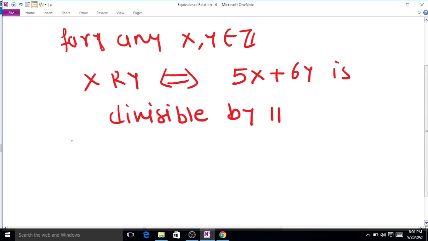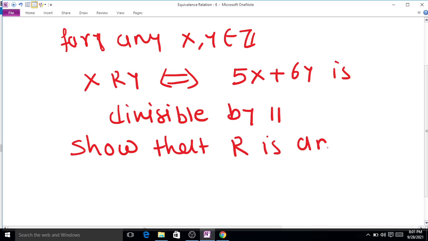Check or show that R is an equivalence relation.